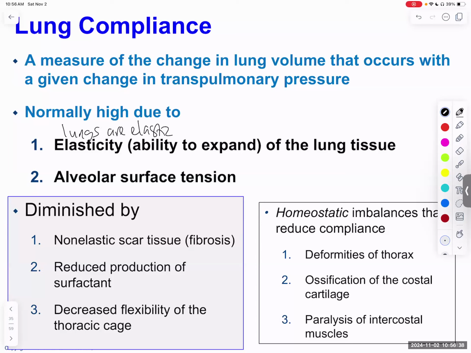They want to snap back. They can expand, but then they want to come back to normal. So they're like a rubber band. And then alveolar surface tension, thanks to the surfactant, water doesn't congregate and air blows up alveoli, so large surface area for gas exchange.